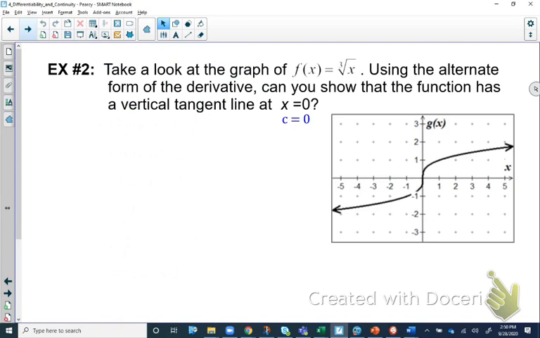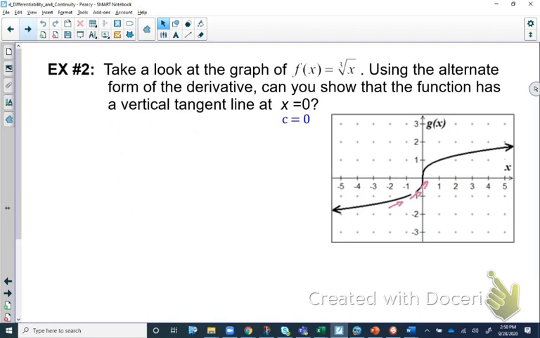And it's asking us to use the alternate form of the derivative to show that we're going to have a vertical tangent line. Now again, this is one that we've seen in the past where at our point of inflection you can kind of see as I approach 0 from the left, these slopes are kind of increasing, increasing, and increasing until they get to be vertical.